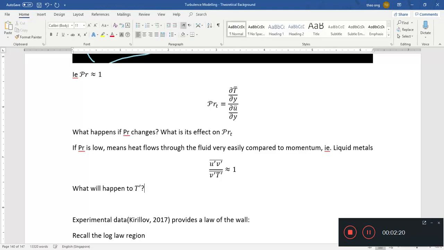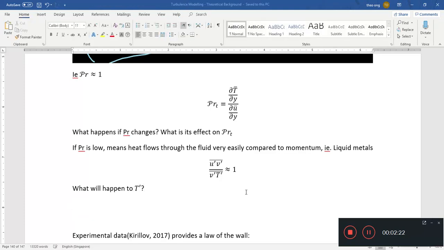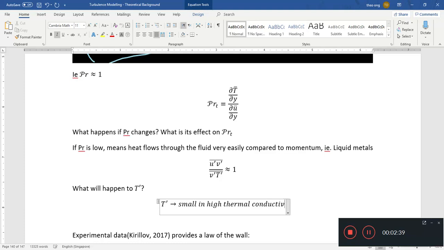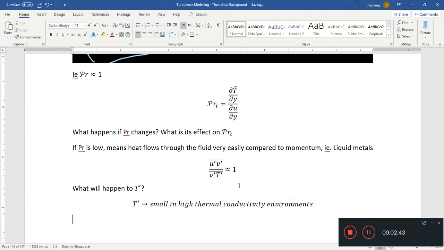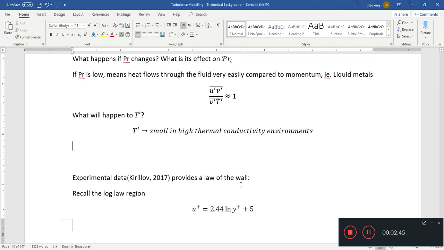If the fluid medium is so conductive, then the temperature differences tend to be small. T tends to be small in high thermal conductivity environments.